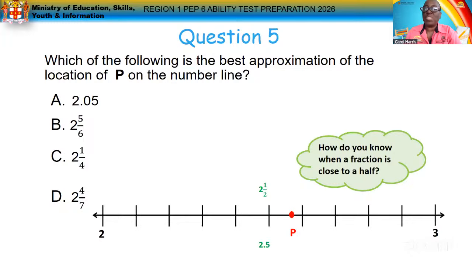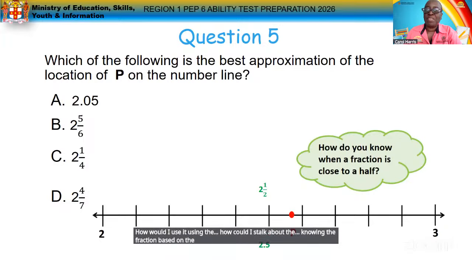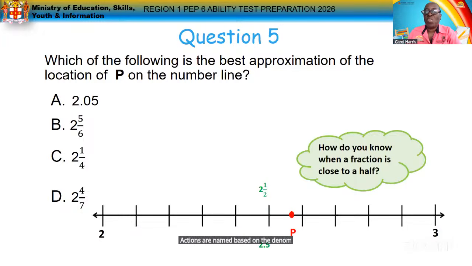Would anyone like to speak to that? Fractions are named based on the denominator. Thank you, Mona Heights Prime, when the denominator is almost double the numerator.